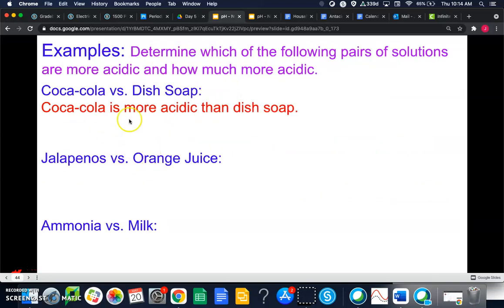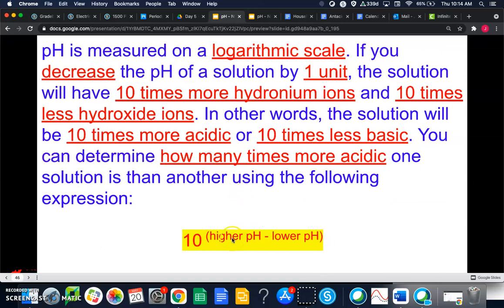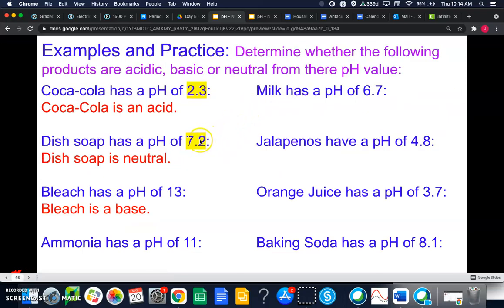So in this case, Coca-Cola is more acidic than dish soap. Now we're going to calculate how many times more acidic. So remember, Coca-Cola had a pH of 2.3, dish soap had a pH of 7.2. So we're going to take the higher pH minus the lower pH, and we're going to take 10 to that power. So we're going to do 7.2 minus 2.3, right, because those were the numbers here, 7.2 for dish soap, 2.3 for Coca-Cola.